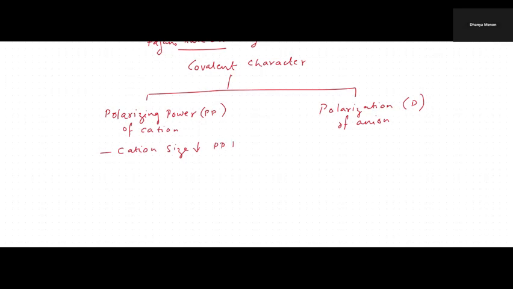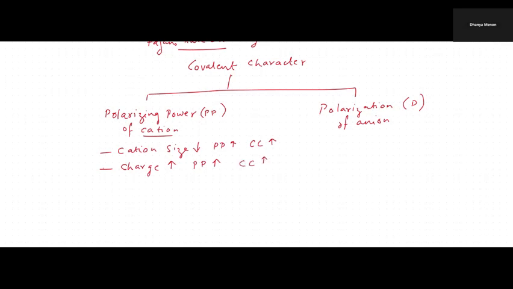What happens to the covalent character? Covalent character increases, right? Similarly, we have charge. We are talking about cations here. As the charge increases, what happens to the polarizing power? Increases. And covalent character increases, right?